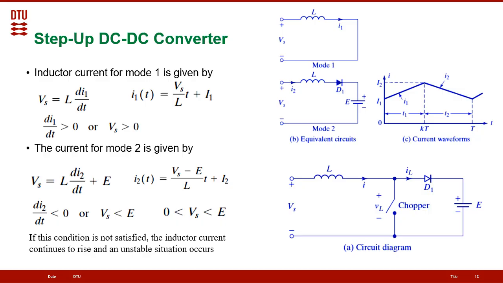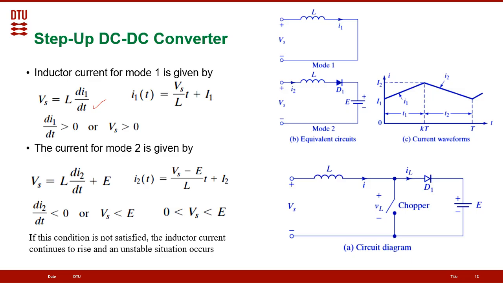Now we can do the same analysis that we have done with the buck converter. We have mode 1, where the switch is on, so the voltage source will be across the inductor, and the diode here will be reverse biased. This is the relation in the first mode, the on mode, and it's easy.